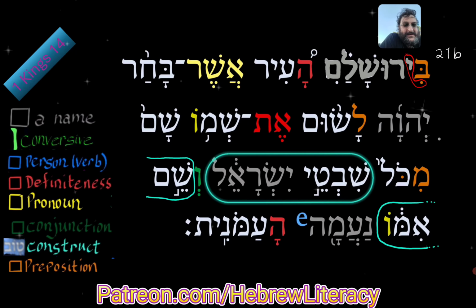It quiesces. Just like in English, the vowels are A, E, I, O, U, and sometimes Y, and some places say sometimes W. Also, in Hebrew, the yod is sometimes a consonant and sometimes a vowel. Here it decided to be a vowel. Birushalayim, in Jerusalem. Ha'ir, the city.